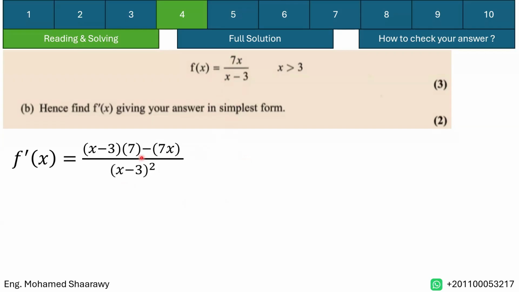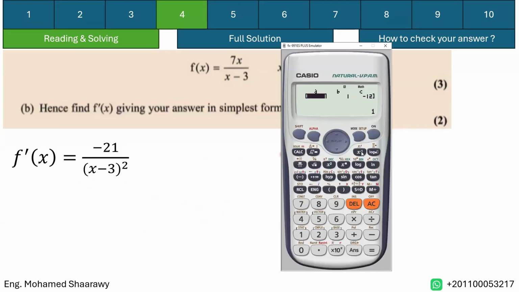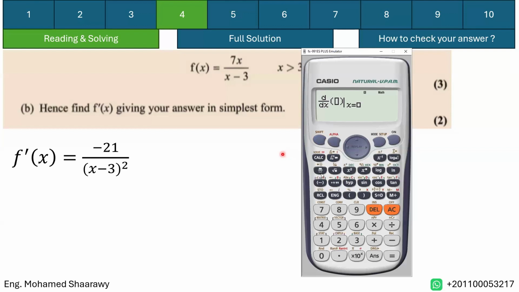Let me simplify the numerator. So expand this. This will be 7x minus 21. 7x minus 7x is just negative 21. And that's the answer. Okay, how to make sure that this is the right solution? I can actually find the gradient at any value and check if this function gives me the same answer.